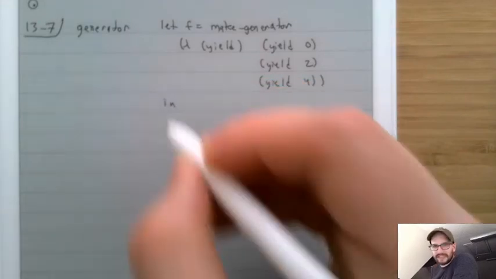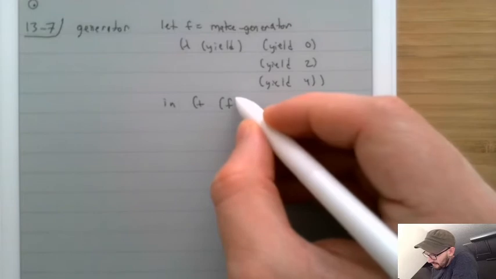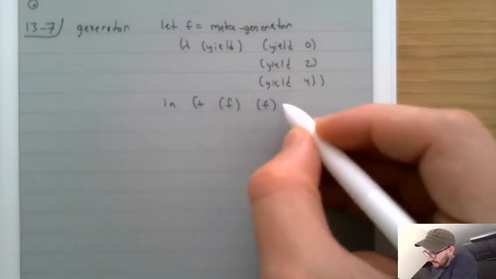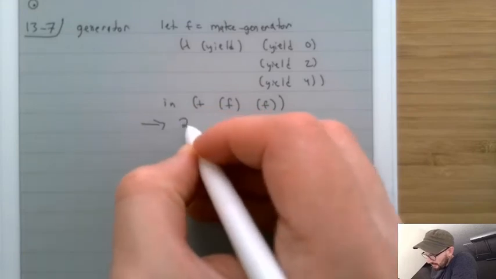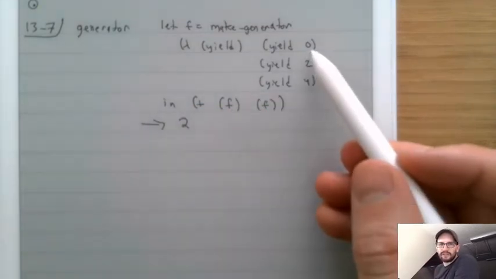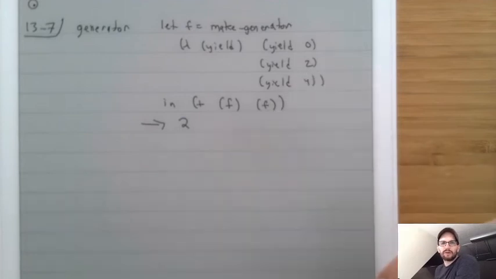And we'll do this inside of plus f. Now this program is going to return 2. Because the first time we call f, it returns 0. The next time we call it, it returns 2. And if we ever called it again, it would return 4.